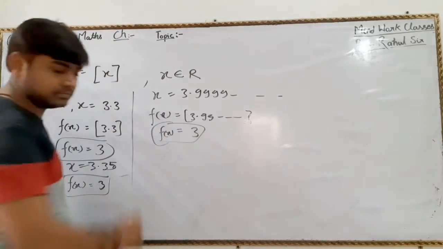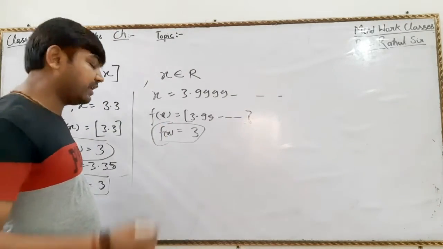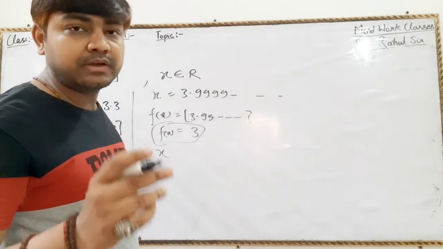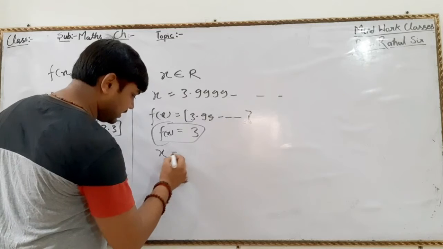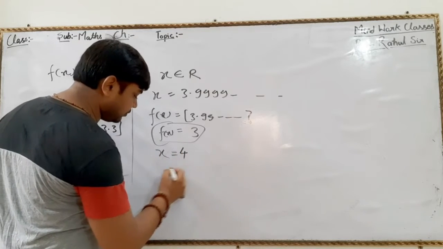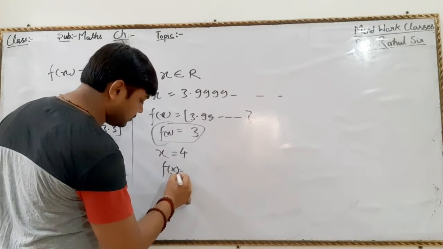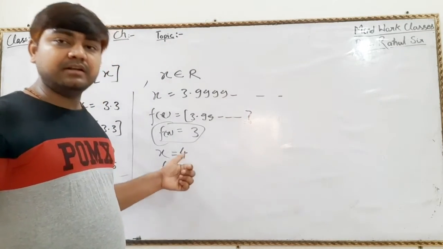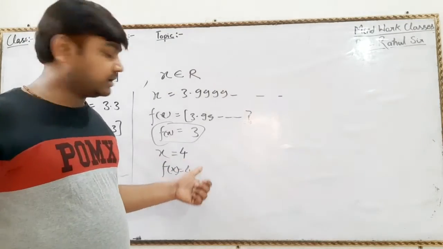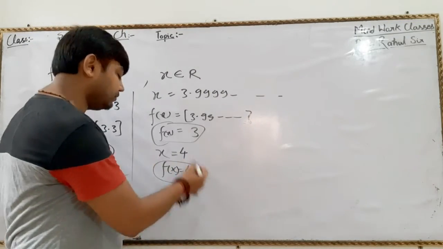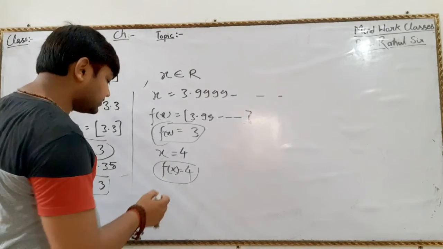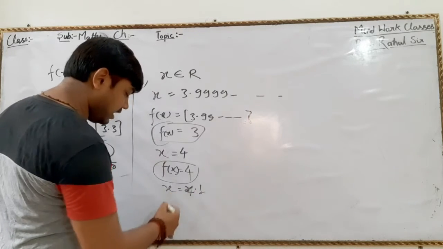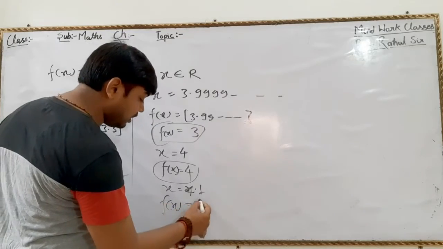But just pay attention to the next point. As soon as we put x equal to 4, f(x) will be equal to 4, because 4 is already an integer. In the next point, if x is 4.1, again f(x) will be only 4.